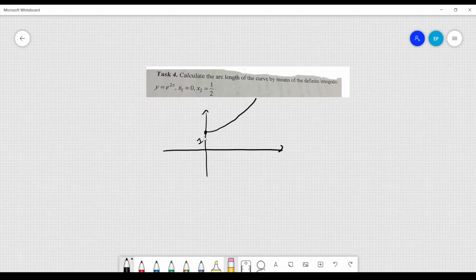We have to start at this point at x1 equal to 0 and finish our calculation at the point x2 equal to 1/2. So the portion of the curve that we want to measure is this one in red here.